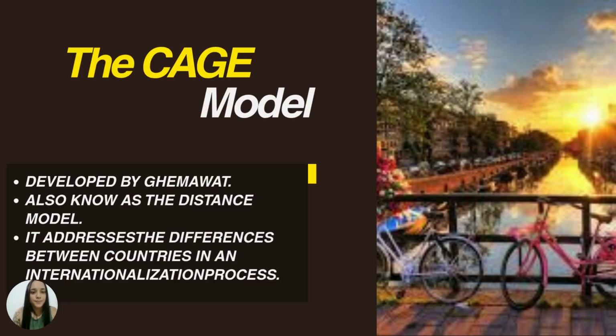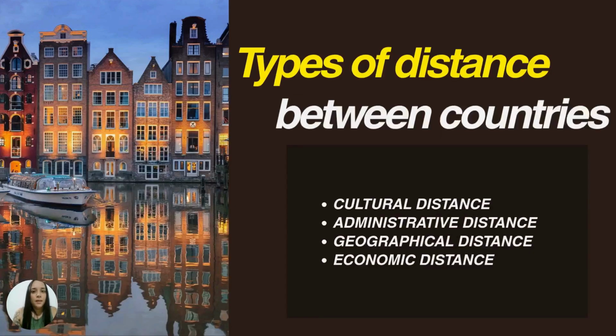These are: Cultural distance, differences in culture, such as language, religion, and social groups. Administrative distance, different institutional systems such as legal framework, currency, and political system.